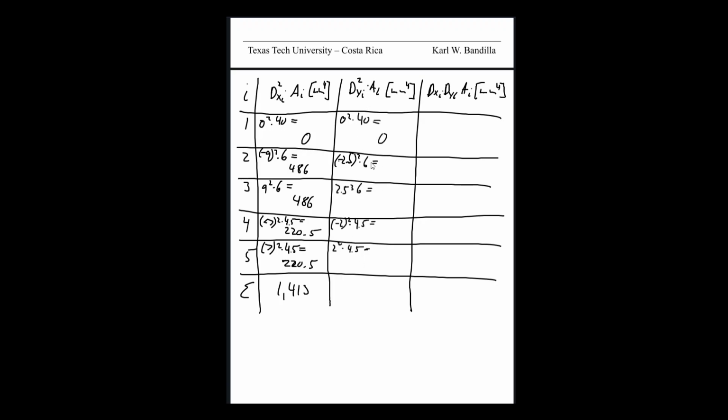That gives me the 0 we already have. This is 37.5, 37.5, 18 and 18, 1, 1, 1.